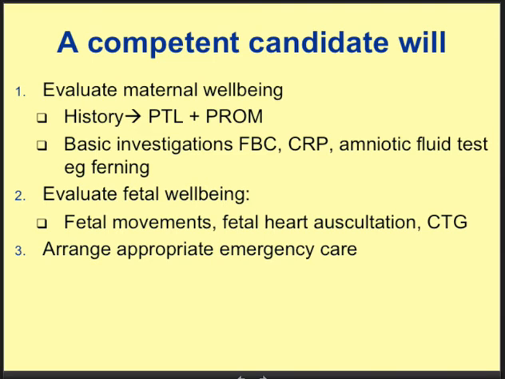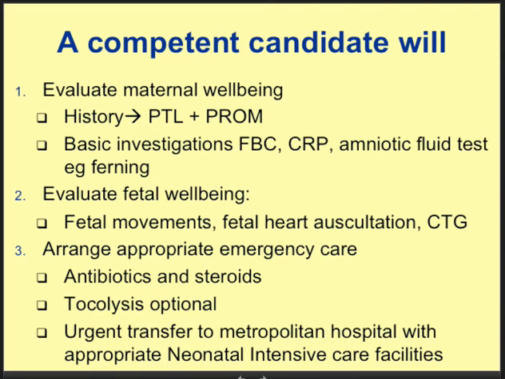Then, number 3, the appropriate emergency care: suggest antibiotics and steroids, and might offer tocolysis. That's an option because that's not absolutely required in this scenario, and would transfer to a metropolitan hospital with appropriate neonatal intensive care facilities. So that's the examiner's perspective. This is what the examiner would like to find out.